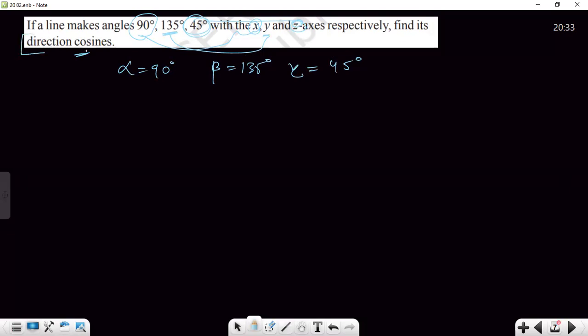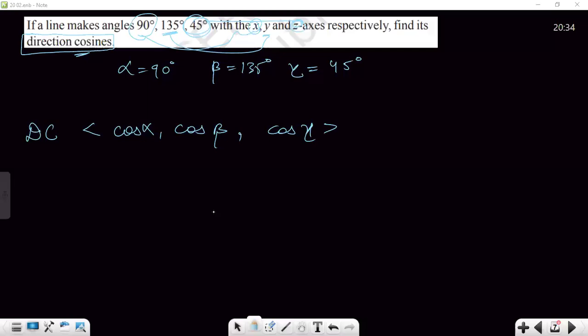How do we find out the direction cosines, Yarini? We have to divide the coordinates of the vector by the magnitude, the coordinates of the unit vector.